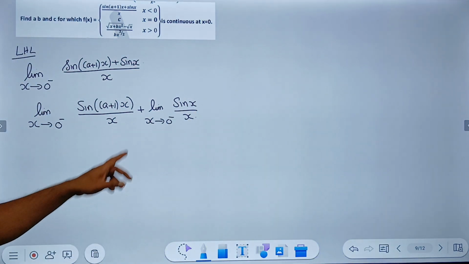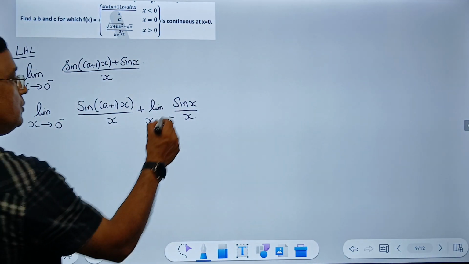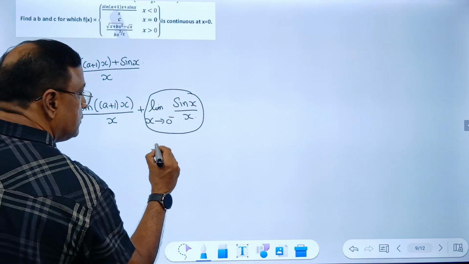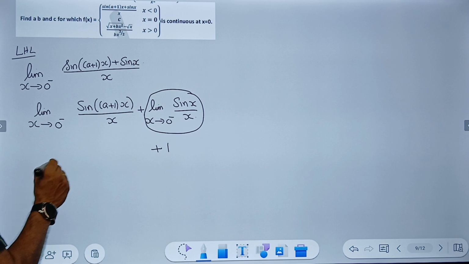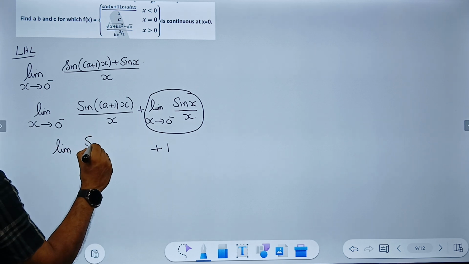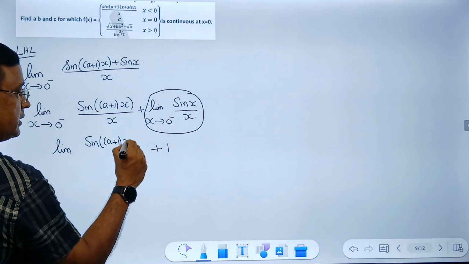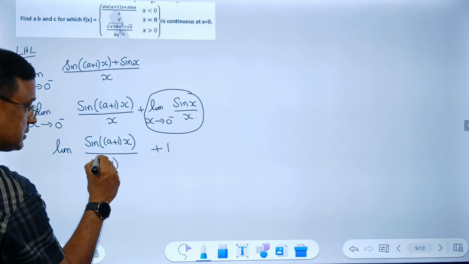Okay, so you know limit x approaches 0, sine x by x is 1. So this will become 1. You know, right? But here you need to do some adjustment. So I will write limit sine of (a plus 1) into x. That means I should have also got a plus 1 into x, correct?